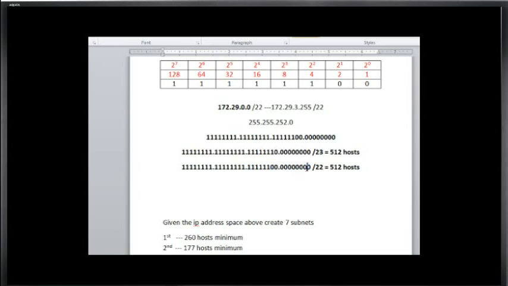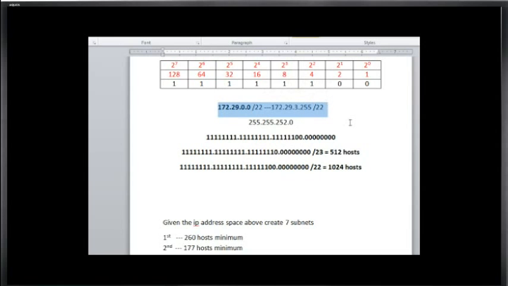So now instead of 8 zeros, which is 256 hosts, and then 9 zeros, 512 hosts, and then 10 zeros, that would be 1024 hosts.